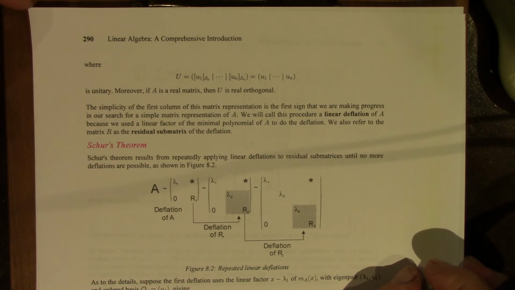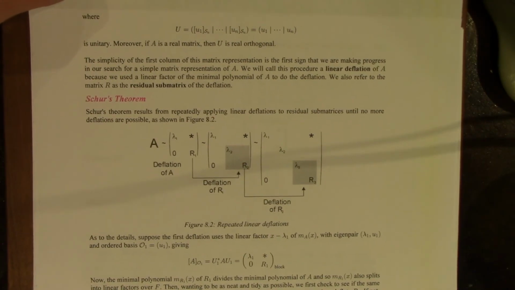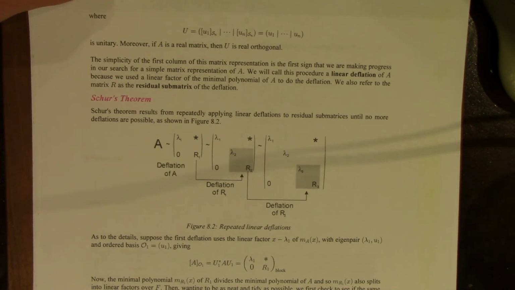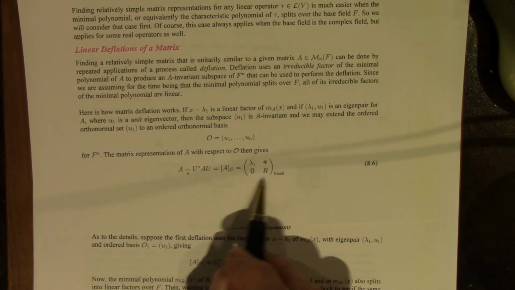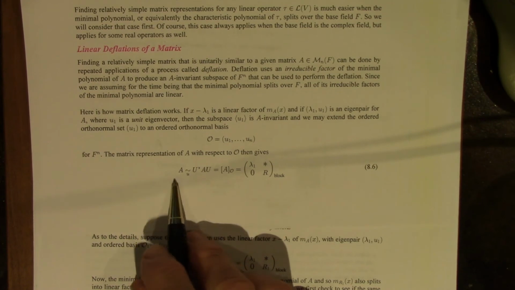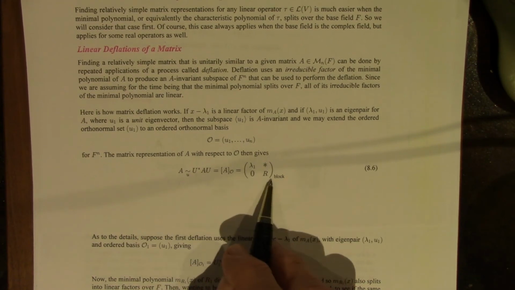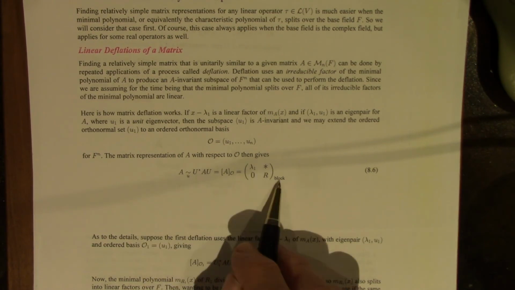I'm going to call this deflation a linear deflation. And that's simply because we used a linear factor of the minimal polynomial to perform the deflation. So the process of starting with the matrix A and finding this matrix that's unitarily similar to A, but begins to have a nice form, is called the linear deflation.